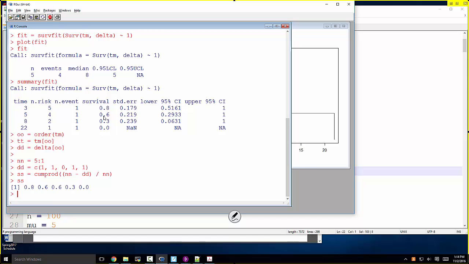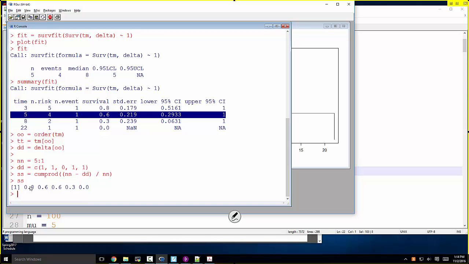So the survfit output shows us every place where there was an actual event, because that's the only place where there's going to be a change in the survival curve. There's a jump at time 3 because of a death. There's a jump at time 5 because of a death. Time 6 is not even shown in the output because the survival curve did not change there.